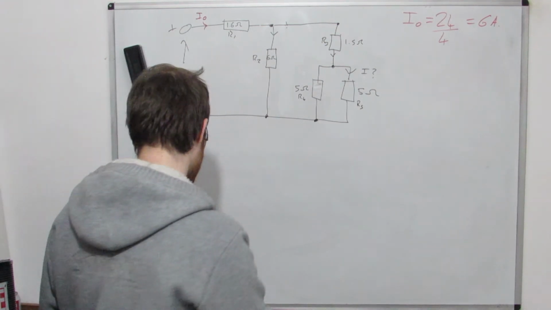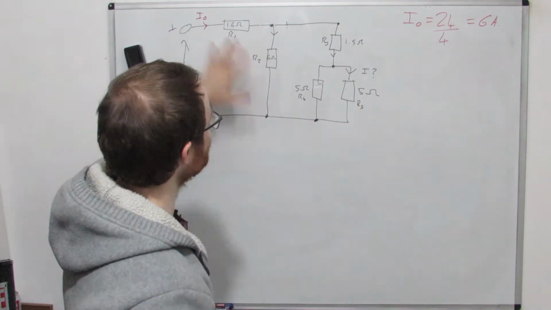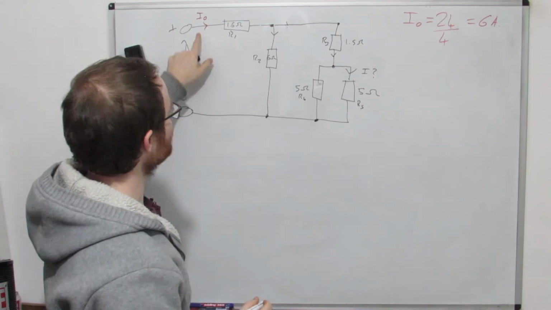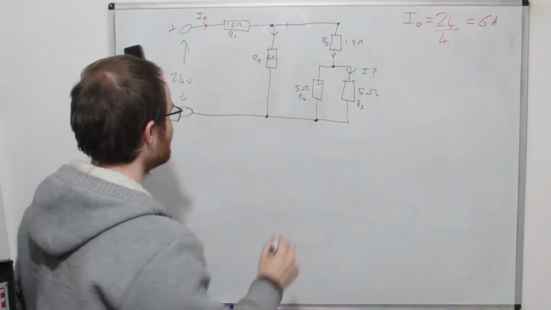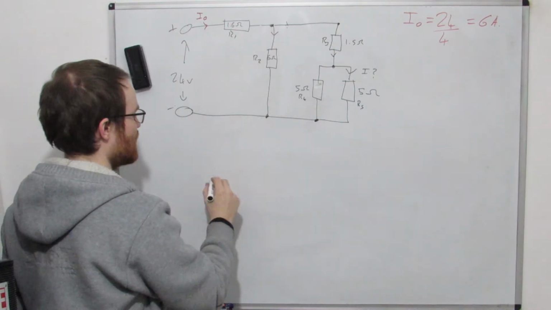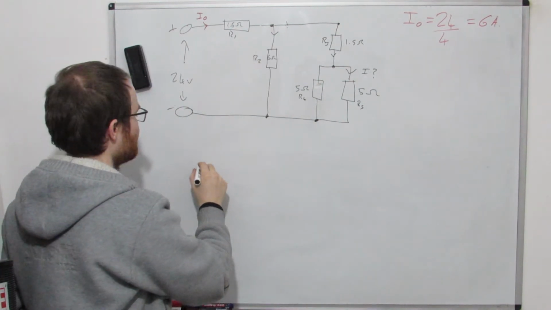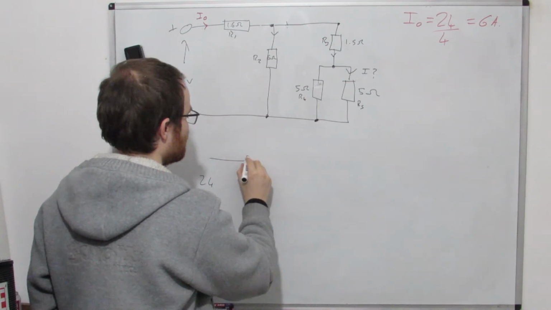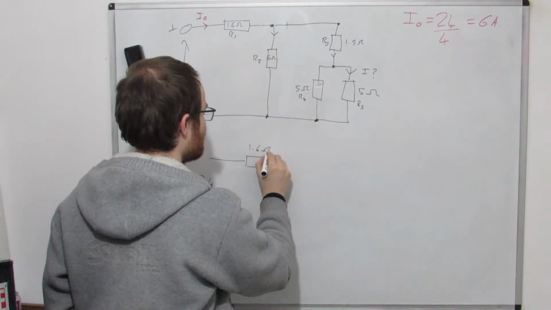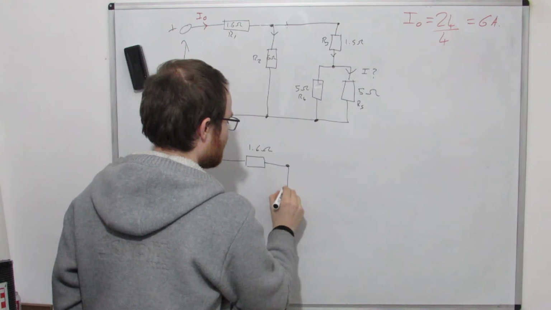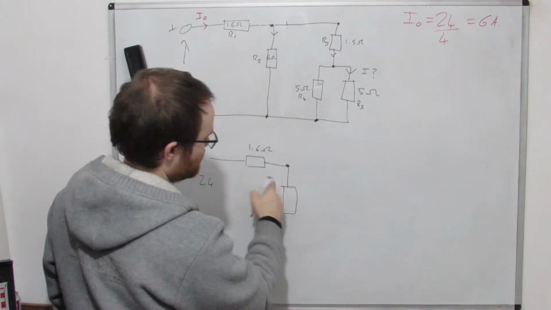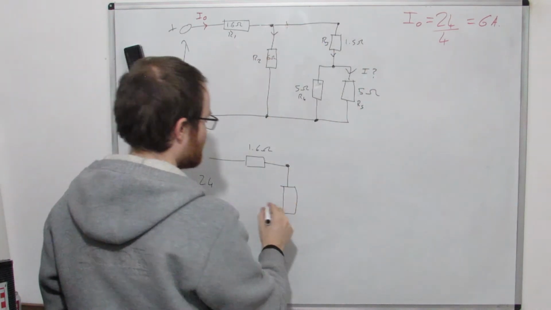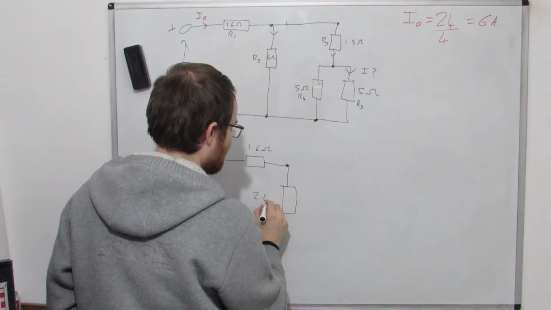Now I'm going to redraw the circuit, because we can simplify this even more now that we know this current in. So the current here is the same as the current here. If we think of this whole circuit as a voltage divider, where we have 24 volts coming in, and we have 1.6 ohms here, and then this impedance represents this whole network here, which we remember came out to be 2.4 ohms.